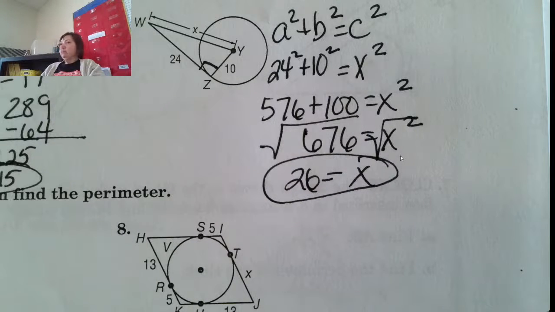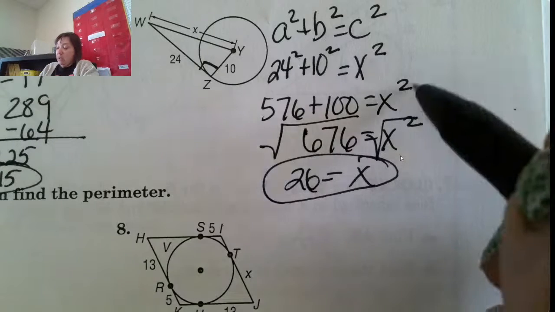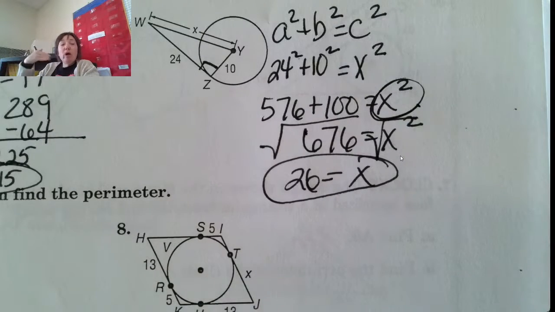Is that what you got? So if you have an X that's squared, and you want to unsquare that thing, then you take the square root of it. Because squaring is a number times itself. Square rooting is when you say what number multiplies times itself to get that.